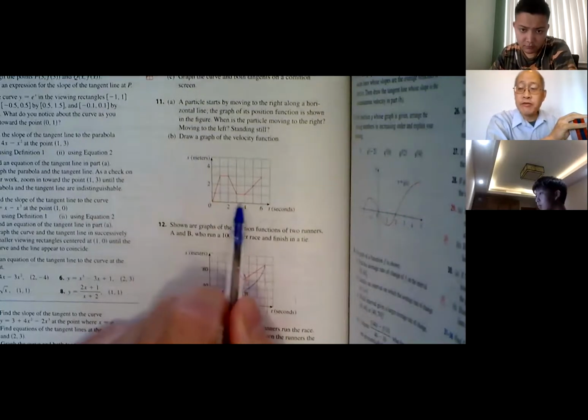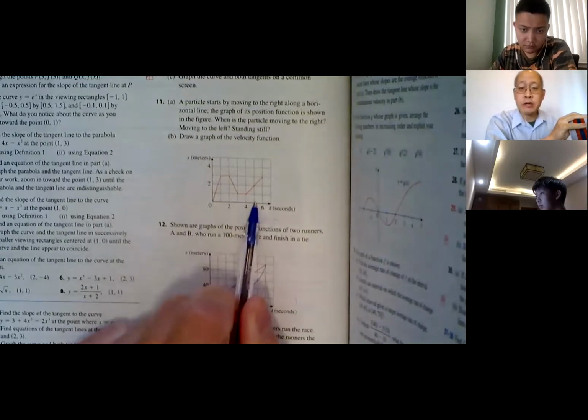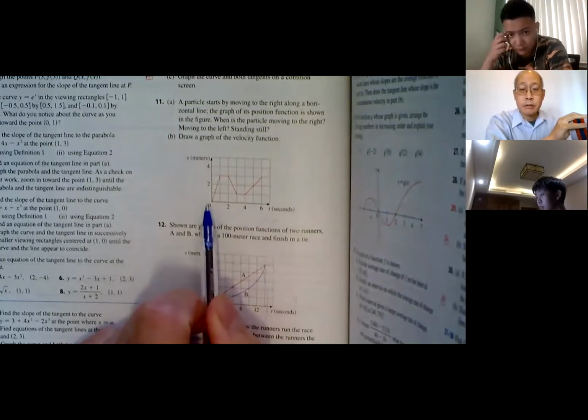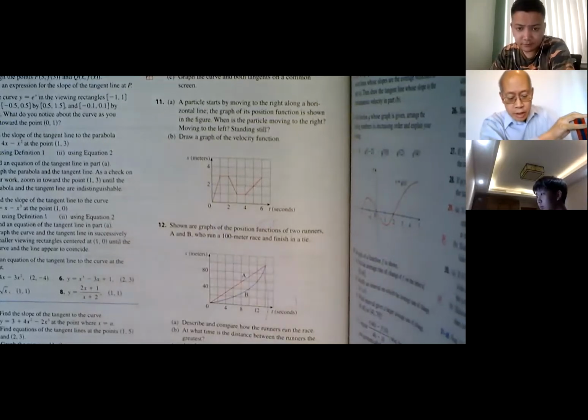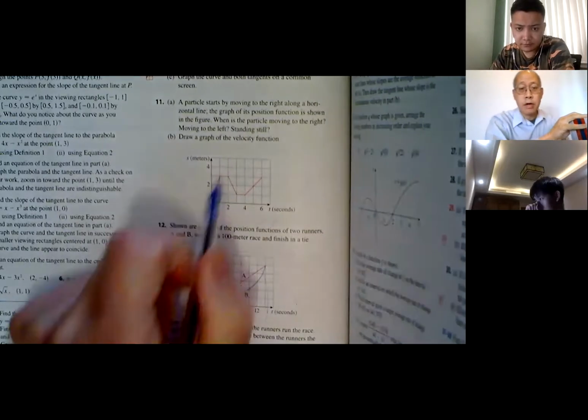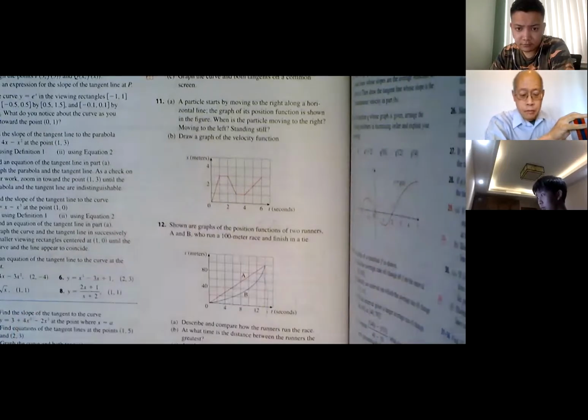Well, it's meters per second. Change in y divided by change in x, delta y over delta x, right? So it's a slope, y divided by x. So between 0 and 1, the slope is 3, right? Over 1 up 3. Between 1 and 2, the slope is 0.